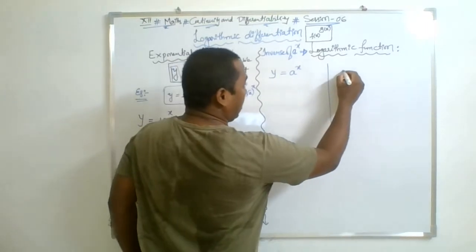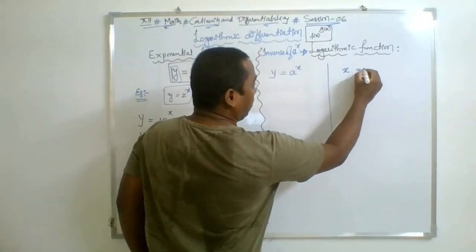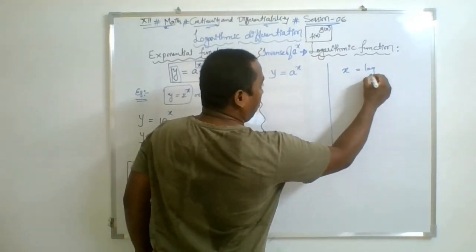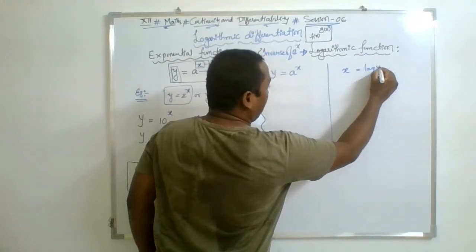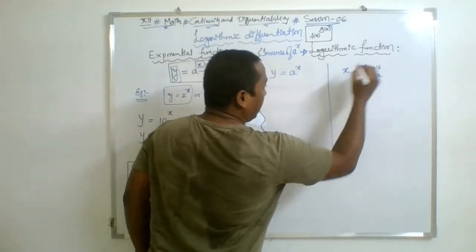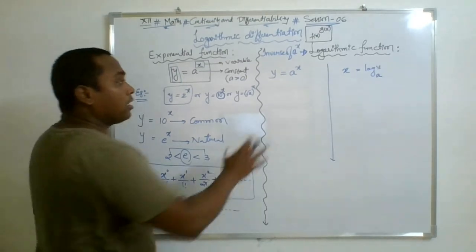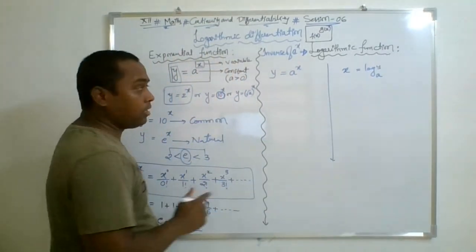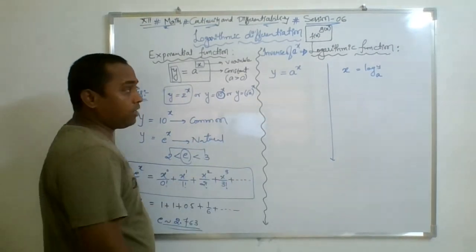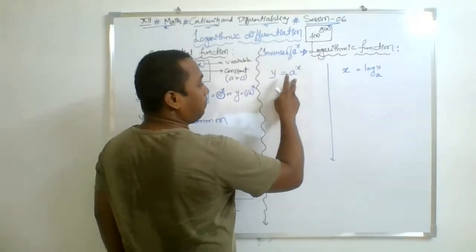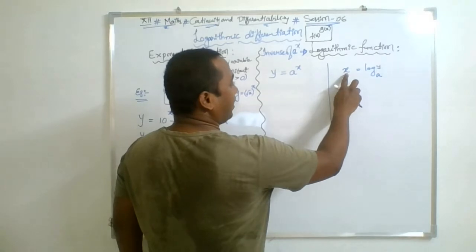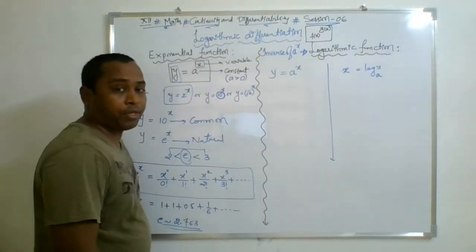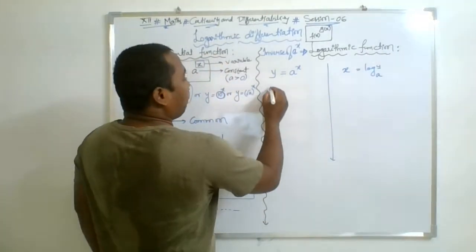What is that? x is equal to log of y to the base a. Now see, only the way of expression is different, but they express the same meaning. One is y in terms of x, but this function is x in terms of y.